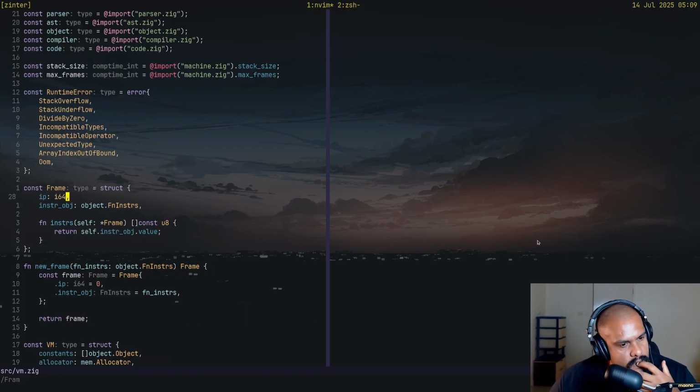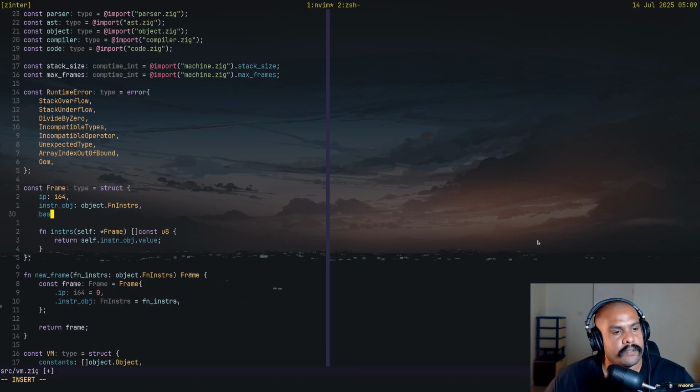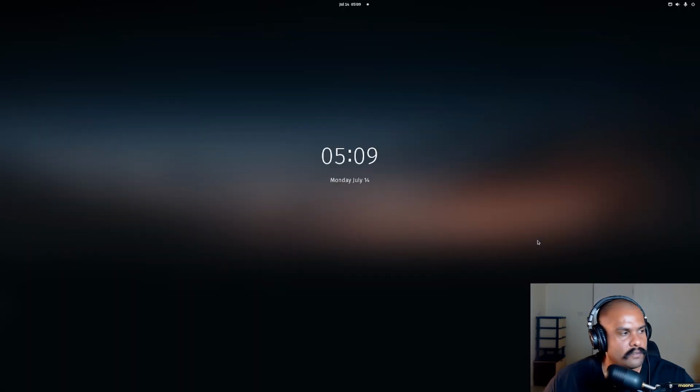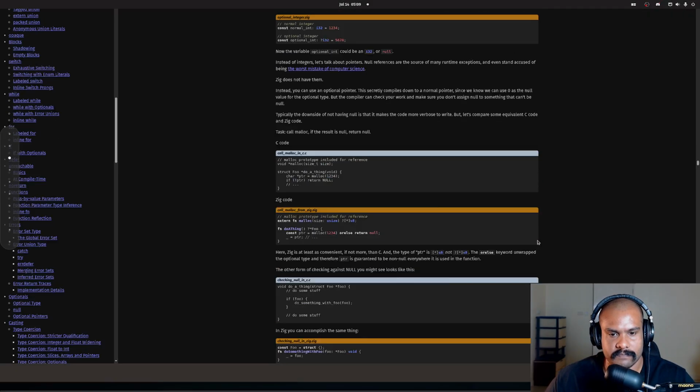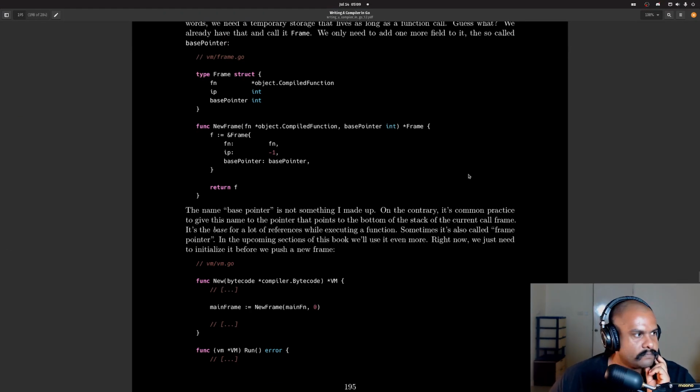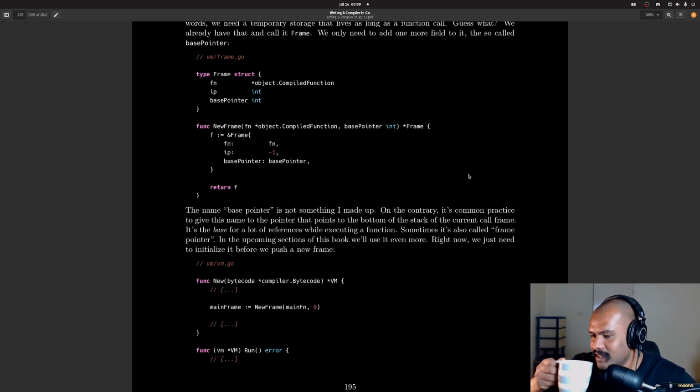So we add the base pointer here. Oops. I've done that a few times. You'd be surprised how many times that happens during the day.